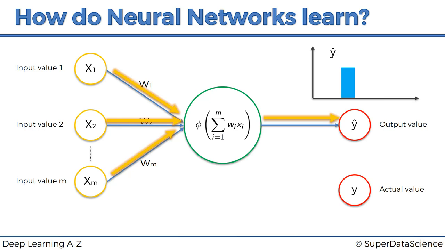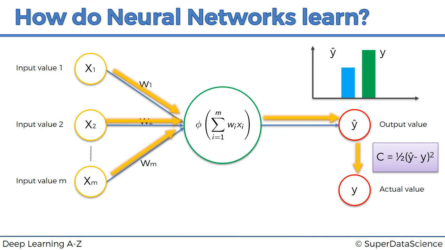Now, in order to be able to learn, we need to compare the output value to the actual value that we want the neural network to get, and that is the value Y. If we plot it here, you'll see that there's a bit of a difference. Now, we're going to calculate a function called the cost function. It's calculated as 1/2 of the squared difference between the actual value and output value.